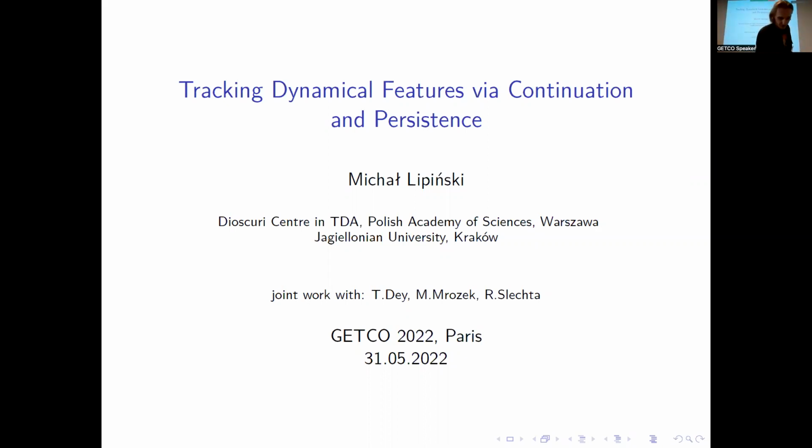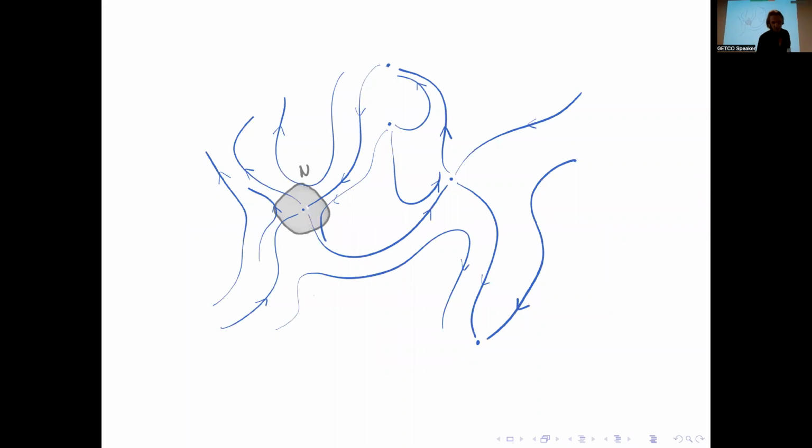Okay, so let me start with the picture. First, I wanted to make this distinction in comparison to what Ryan described before, because both problems, or both questions, are very close to each other.